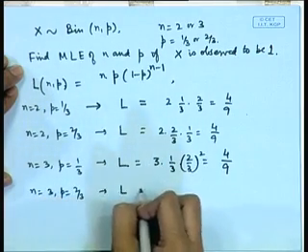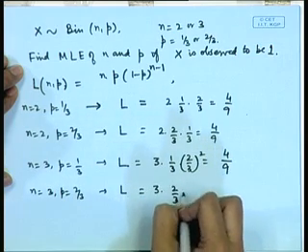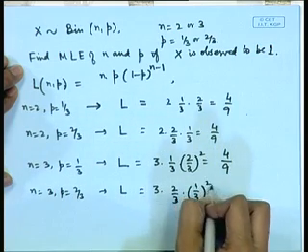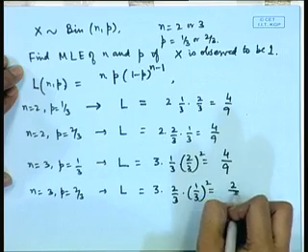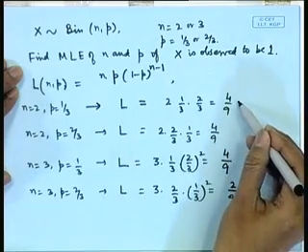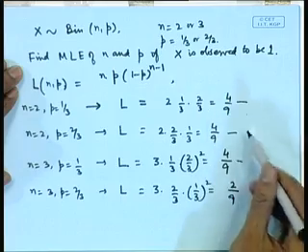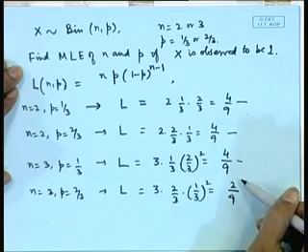Here the likelihood function value turns out to be 3, 2 by 3, 1 by 3 square, which is equal to 2 by 9. If we are looking at the maximization of the likelihood function, then you can observe here that this value and this value, they are all same and they are the maximum. This value is actually smaller.